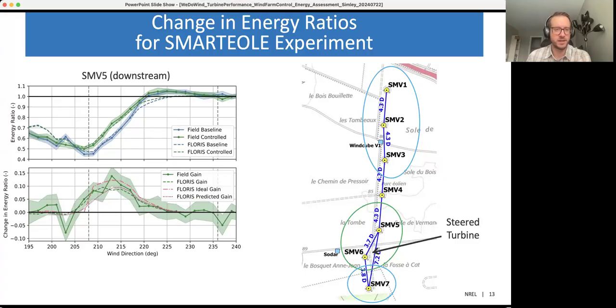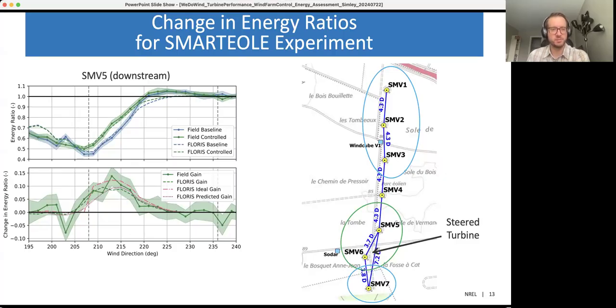That sector is indicated by the dashed lines showing the boundaries of where we're implementing wake steering. In the solid lines I'm showing what we're measuring with the SCADA data, and the dashed and dotted lines are predictions from FLORIS, our wind farm control modeling tool, using some different assumptions.